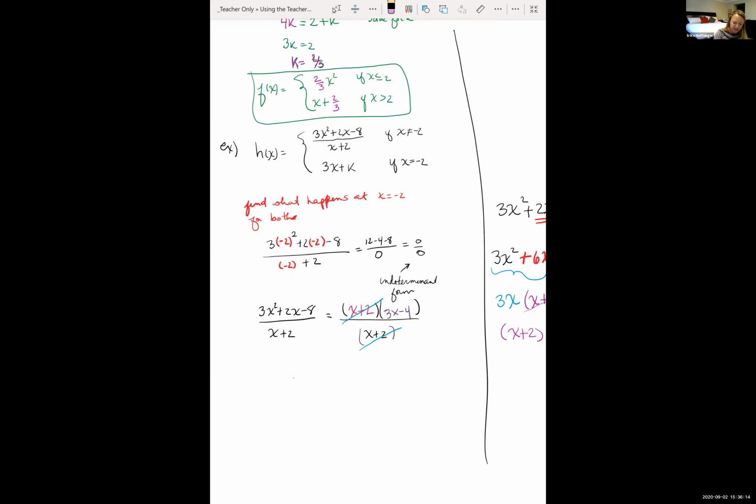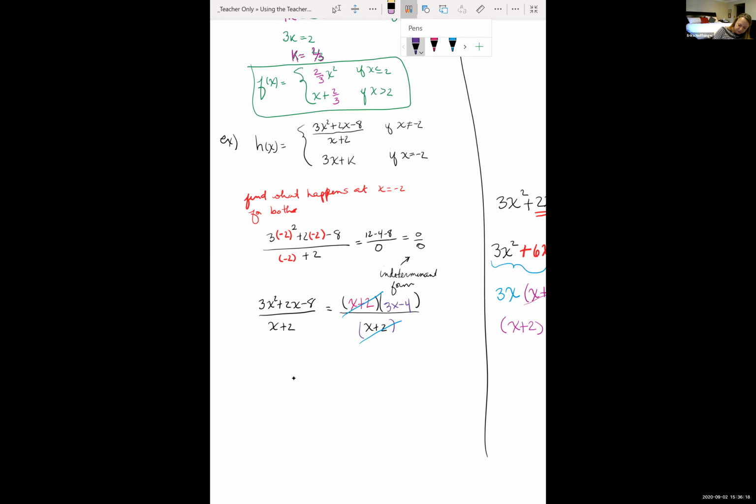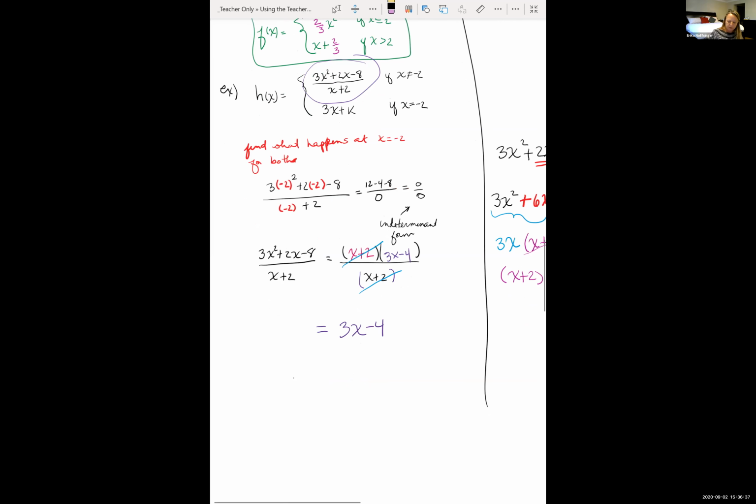So really, this reduced down to 3x minus 4. The thing is that x cannot be -2 for this function because it's undefined there. But we want to know what we would get if we reduced it and plugged in -2.